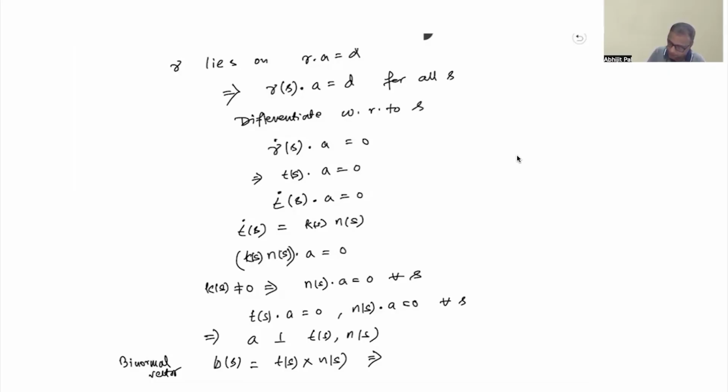Okay, so this implies that B(s) equals A or B(s) equals minus A for all s. So this binormal vector is now a constant vector. Okay, so this implies that B dot (s) is equal to 0.